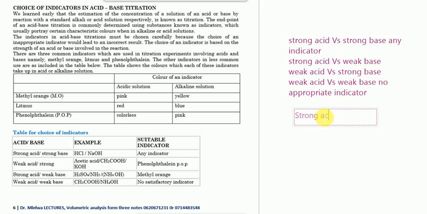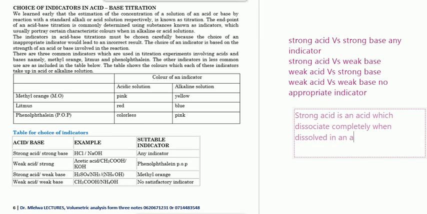A strong acid is an acid which dissociates completely when dissolved in an aqueous solution. So for example, when we are talking of the mineral acids, that means HCl.